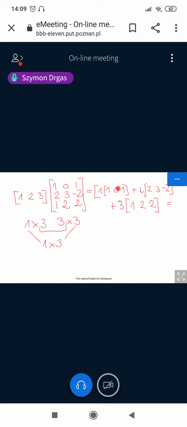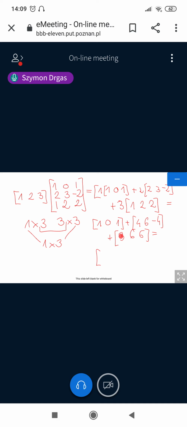If we add these three vectors multiplied by numbers, we obtain, maybe I will multiply by these numbers first: 1, 0, 1 plus 4, 6, -4 plus 3, 6, 6. Then we have to add these three vectors.